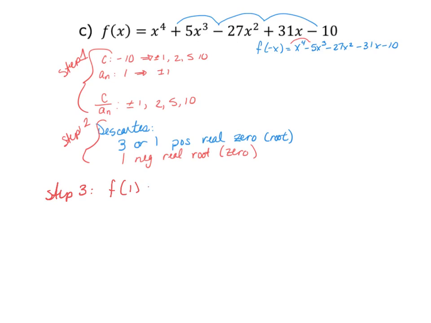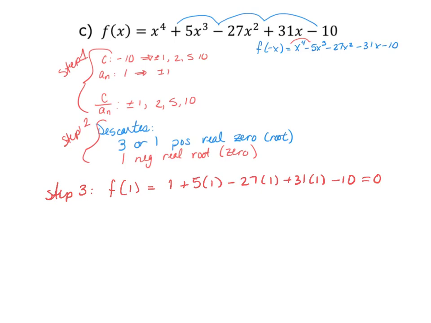So I'm going to put in 1, and I get 1 to the fourth plus 5 times 1 to the third minus 27 times 1 squared plus 31 times 1 minus 10. So I get my trusty calculator out, and I determine whether or not that equals 0. I'll wait till you tell me whether or not it equals 0. Okay, so that equals 0.